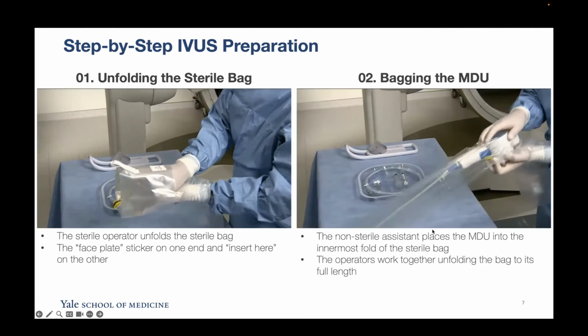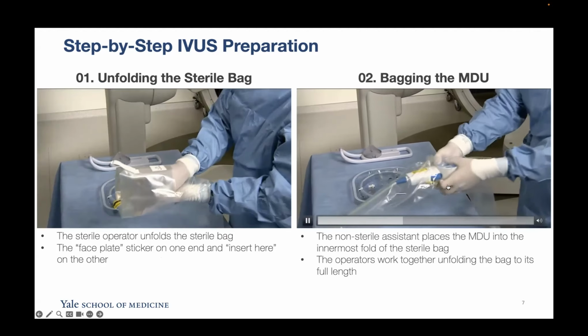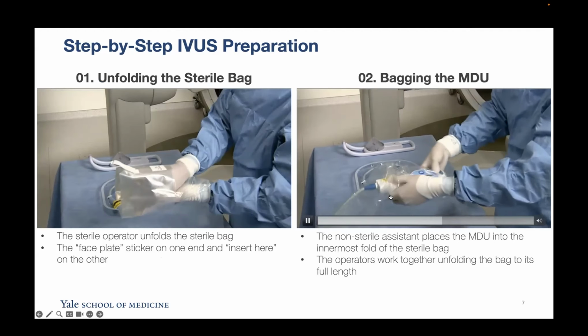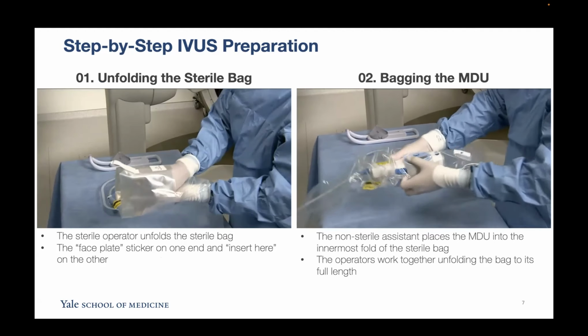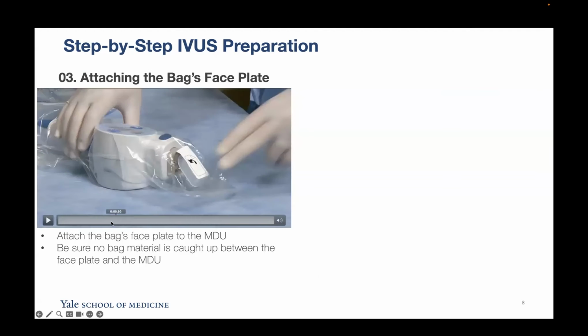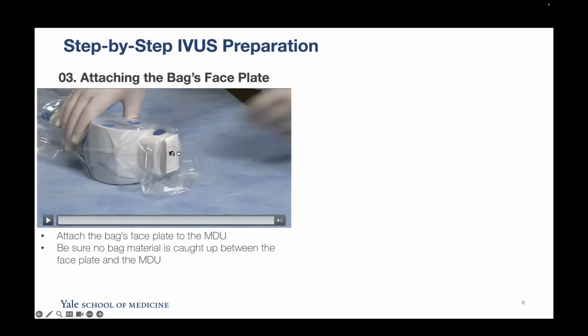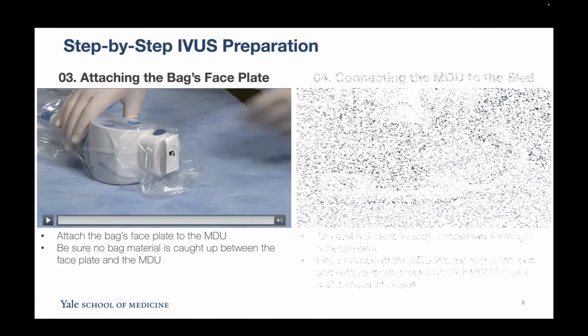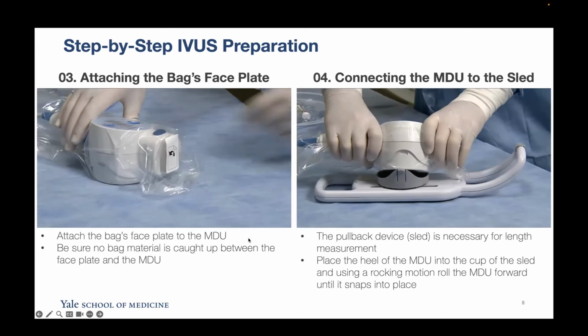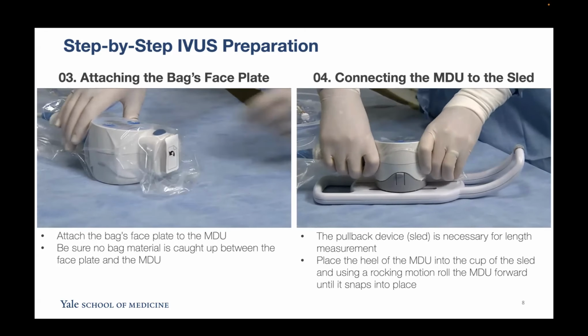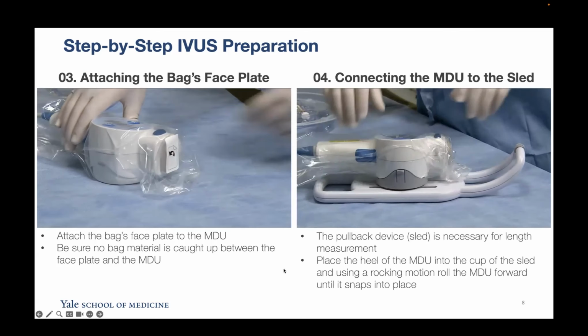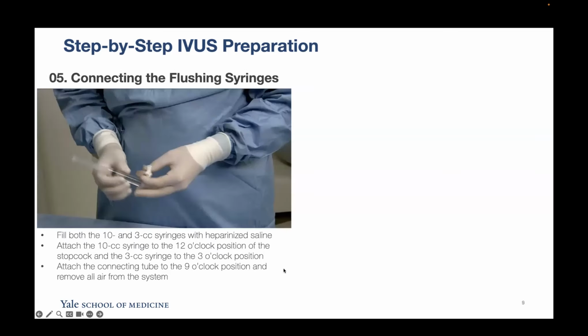You have a second person bagging the MDU, which is the unit that connects to the catheter. And then we connect this faceplate to the catheter insertion, and using a rocking motion, you just attach the MDU to the sled, which is going to pull back the entire system.